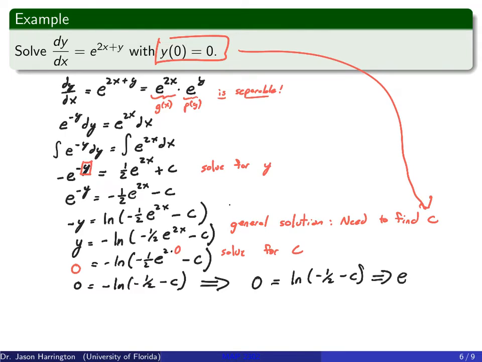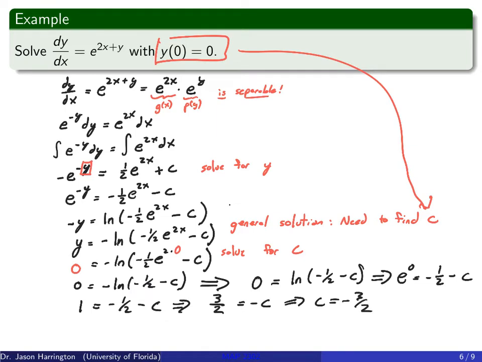And that's going to give me e to the 0 is equal to negative 1/2 minus c. So now I'm left with 1 is equal to negative 1/2 minus c. So if I add a half to both sides, then I'm going to have 3/2 equals negative c. And that means that c is equal to negative 3/2.